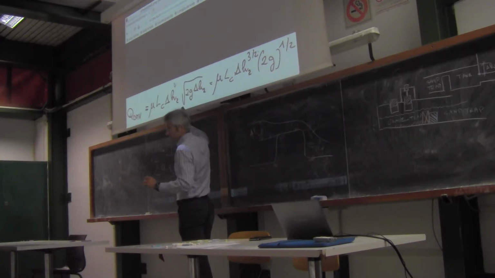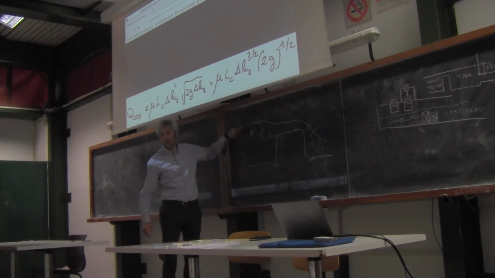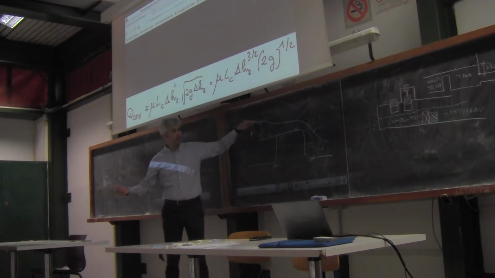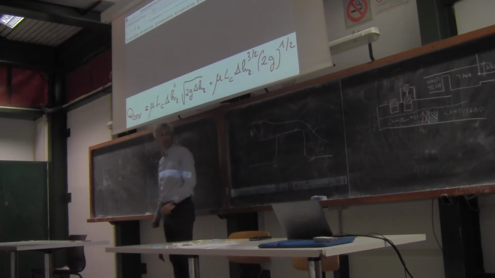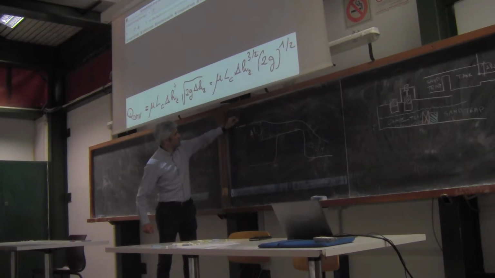What is missing here, the only unknown, is delta H2, which is the elevation of water in the upstream pool that guarantees that we have the environmental flow over the environmental flow width. And therefore, it is this level where we place our diversion weir.